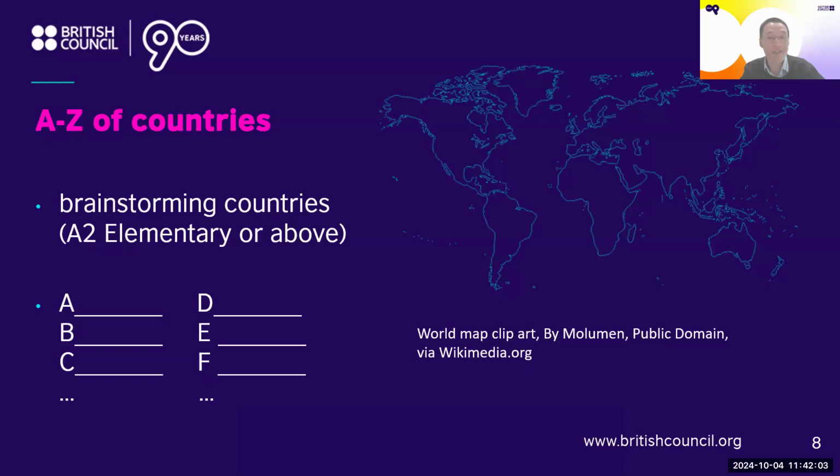Right, so I can see countries starting with letter A. Yeah, Angola, Albania. I've got Portugal, Armenia, Brazil, Belgium, Bangladesh.